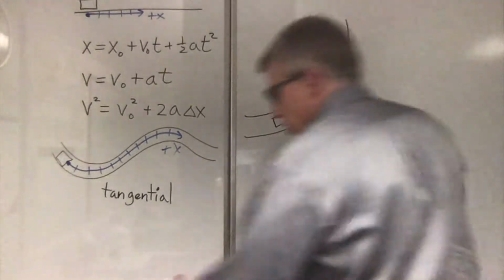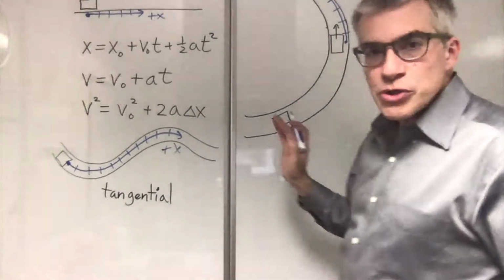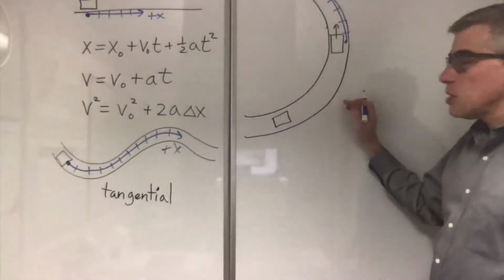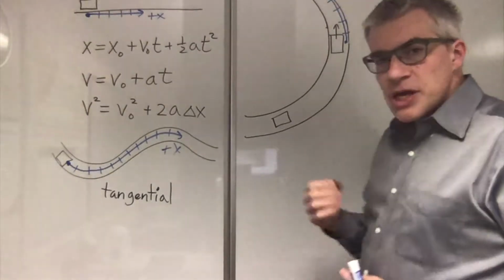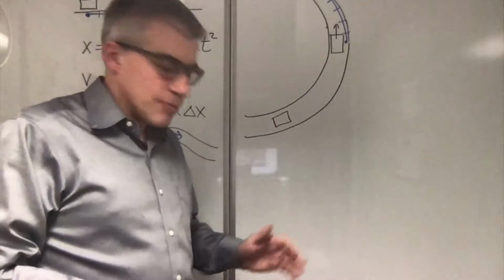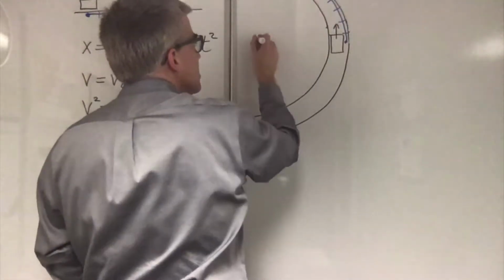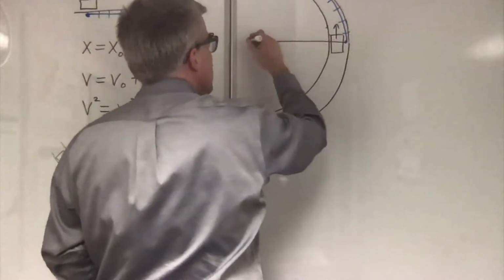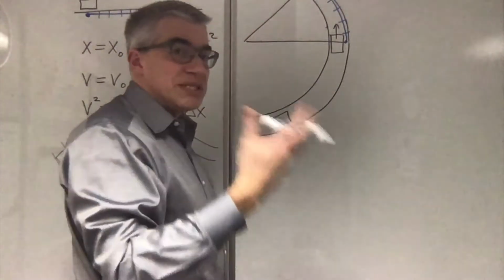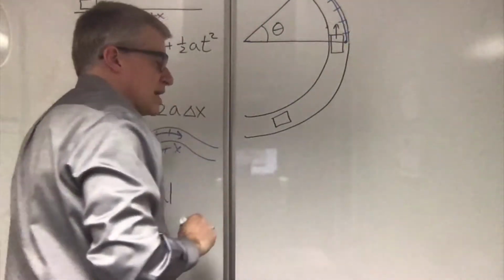So if the car is here and heading that way, we can measure the positive x tangentially along this road. But there's another thing we can measure here. We could also talk about the angle. We could describe how far this car has gone in terms of the angle that it cuts across or subtends with the center of this circle that this road makes.